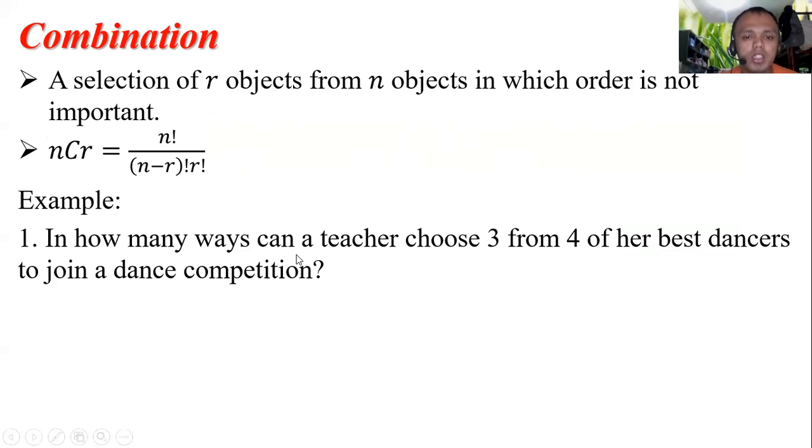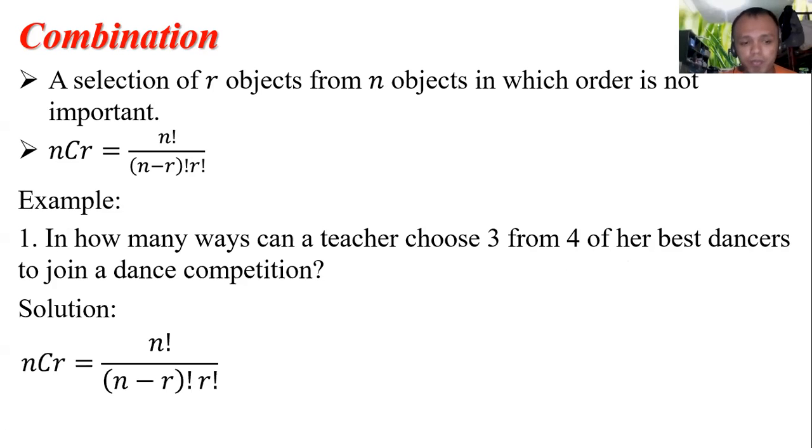In how many ways can a teacher choose 3 from 4 of her best dancers to join a dance competition? So it is a combination, because the teacher will choose 3 out of 4, so the order here is not important. Therefore, nCr is equal to n factorial over n minus r factorial times r factorial.